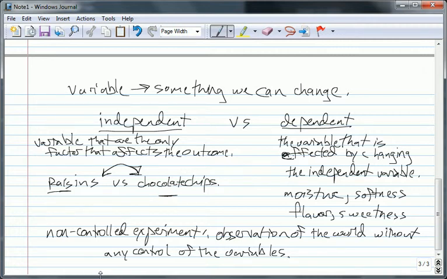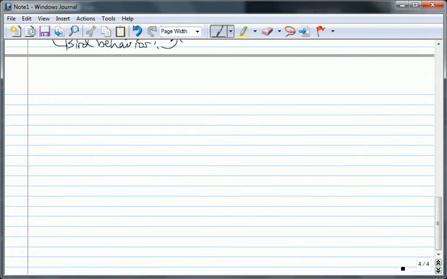I wouldn't be able to control what predators were present. We couldn't control for the weather. We couldn't control for many different things. So if I do a study on bird behavior, this is a non-controlled experiment because there are factors I cannot control. It's non-controlled. Okay.